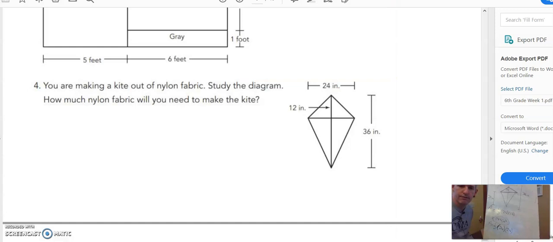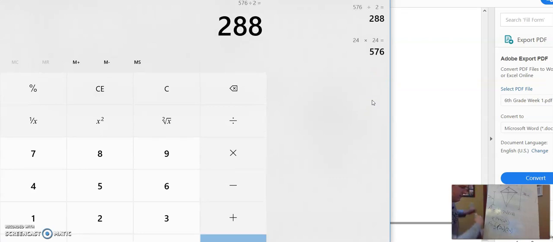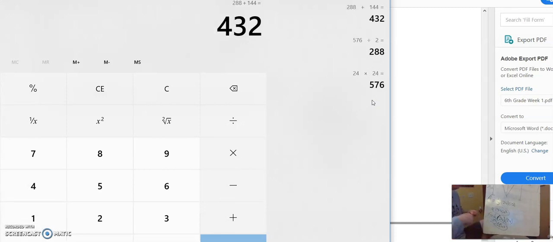Let me try that again. Yay, 24 times 24, then divide that by 2, and we get 288 inches squared. All right. Then we're going to need to add those two together. So I have 288 plus 144, and I get 432 inches squared for my final answer.